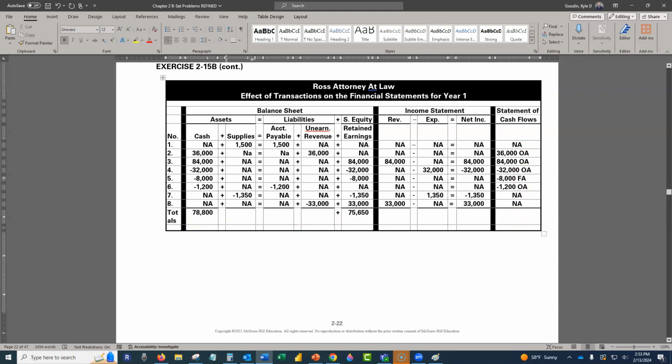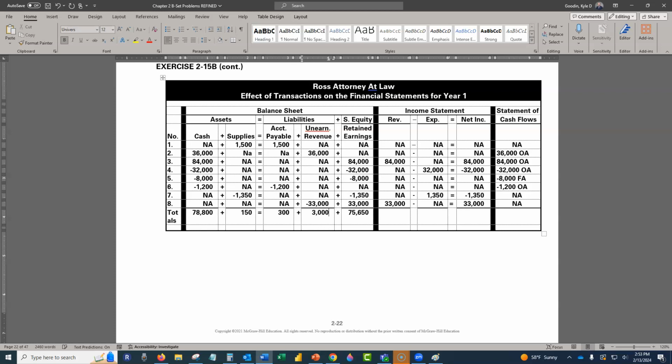Okay. 150 is what we got left there. So our total assets are 78,950. Okay. Accounts payable totaled $3,000 at the end of the month, or at the end of the year, whatever it is. And excuse me, it was 300.